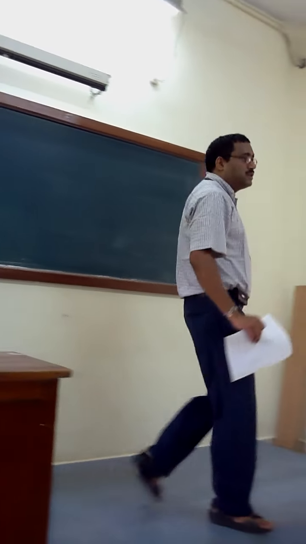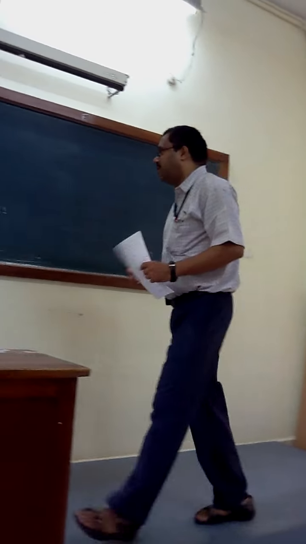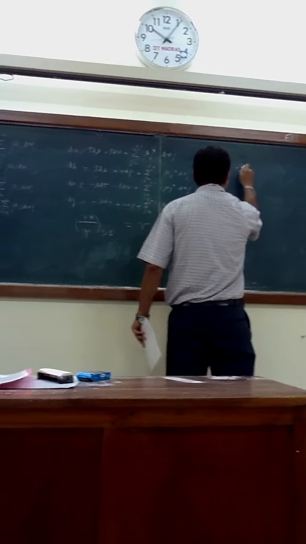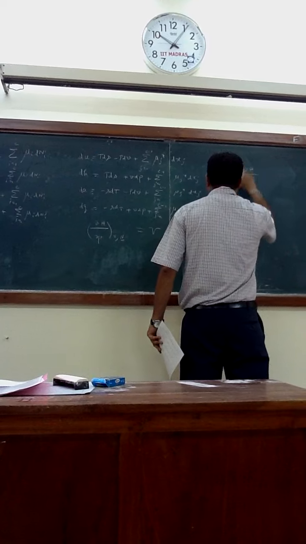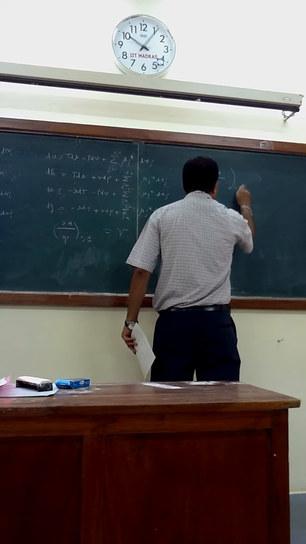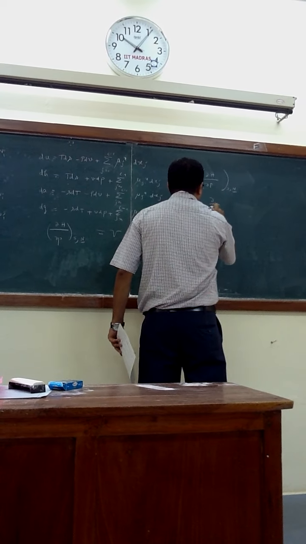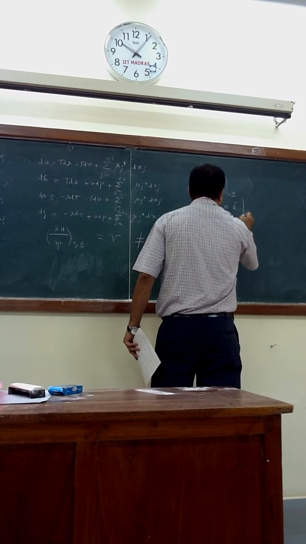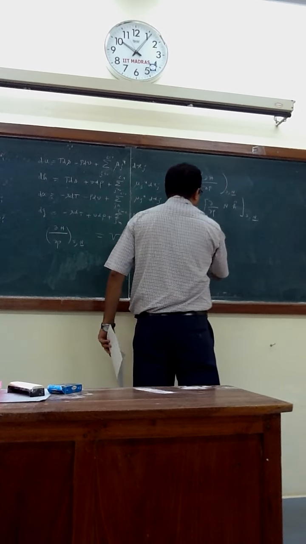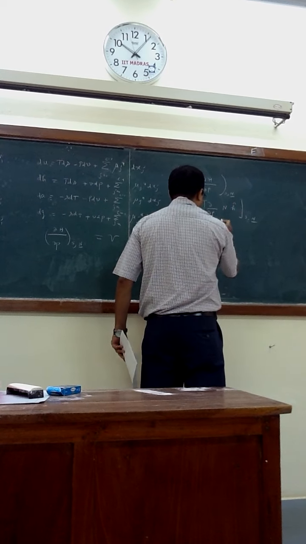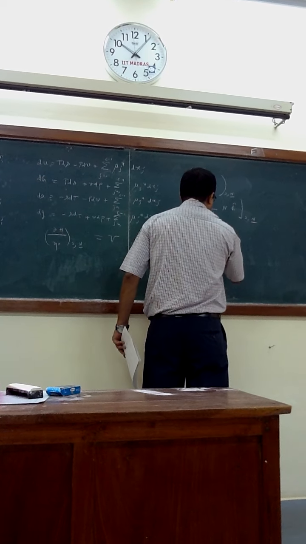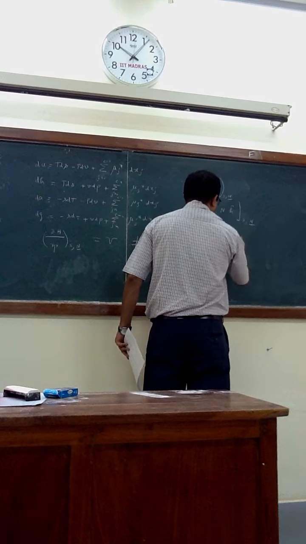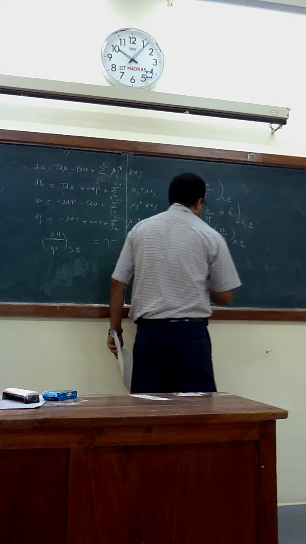This part I wanted to mention, and it's quite obvious why it will not happen, because dou H by dou P at S, n bar, you can write as dou by dou P of n h hat at S, n bar, which, since n is constant, comes out as n dou h by dou P at small s and x bar.